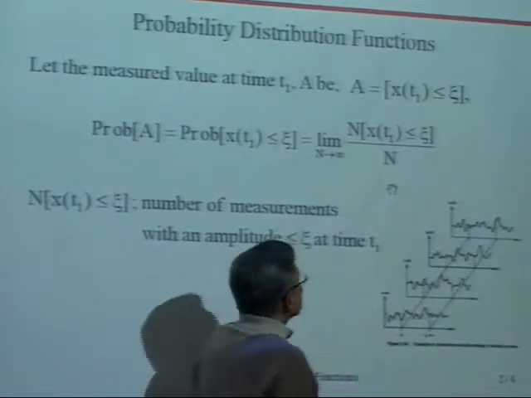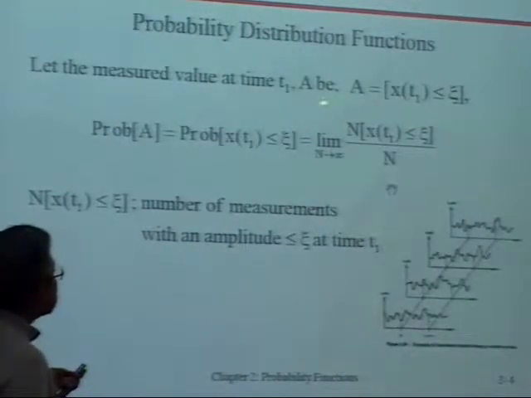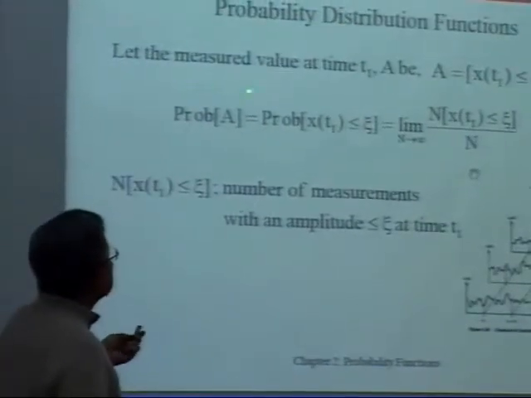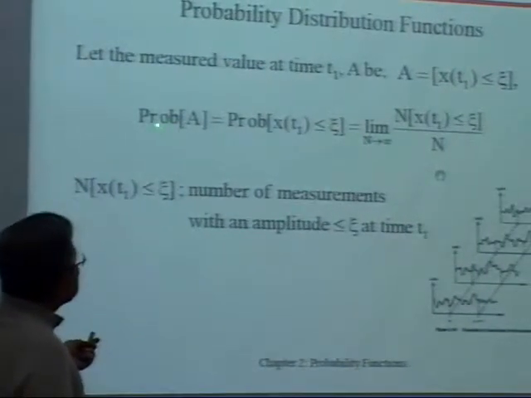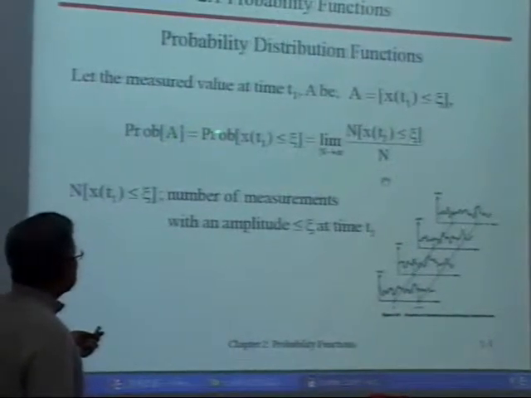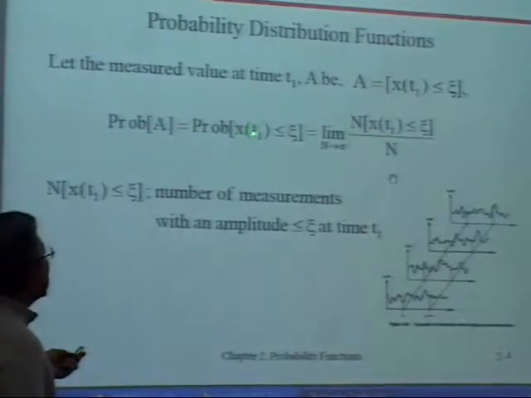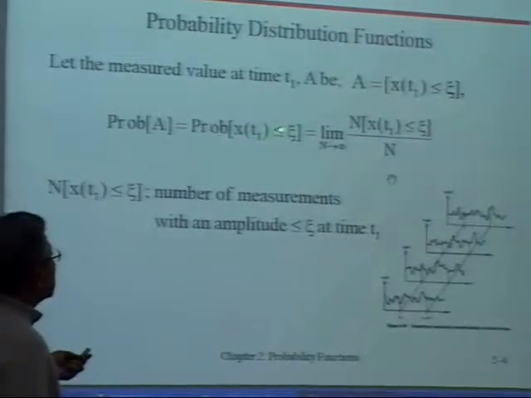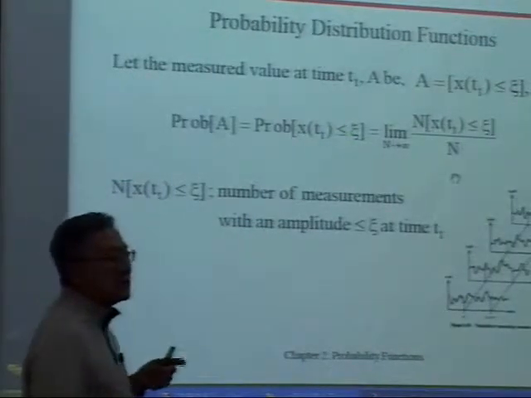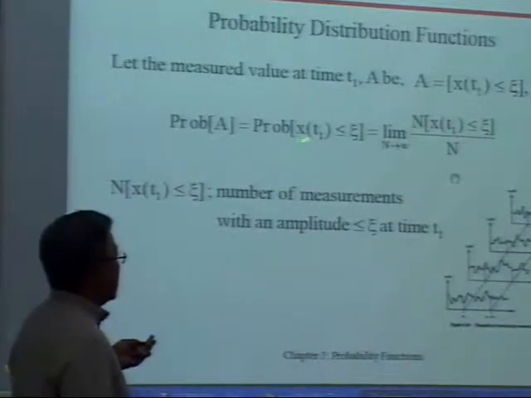Okay? So that's the event. Everybody got that, right? Then the probability that event A occurs means the probability that x at time t1 is less than or equal to the given value chi. That's what you're looking for, probability.